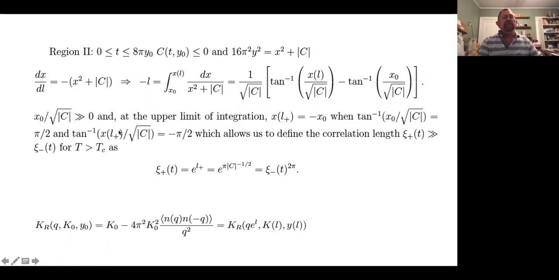And we can also assume, of course, that x naught divided by the square root of mod C is large. Therefore, the inverse tangent of x of L plus divided by the square root of mod C, remember x of L plus is negative, so this is minus pi over 2, because the inverse tangent of minus something very large and negative is just minus pi over 2.